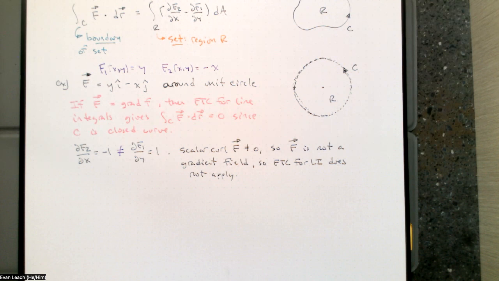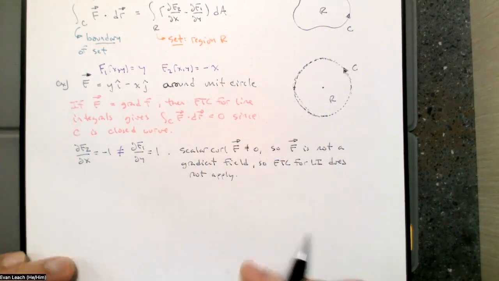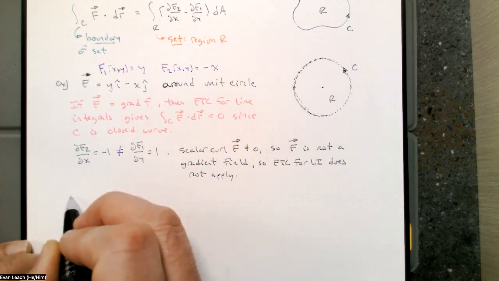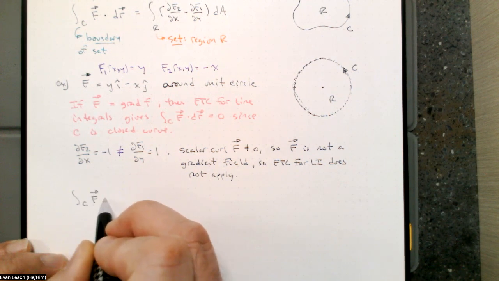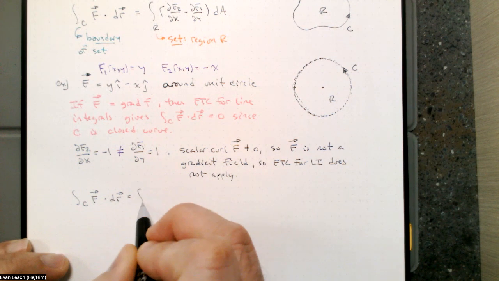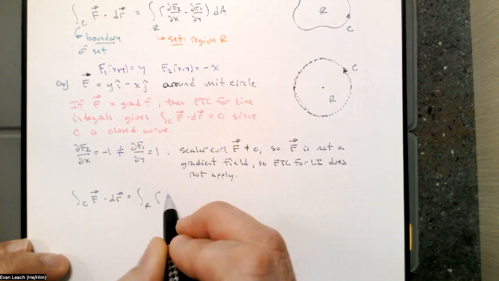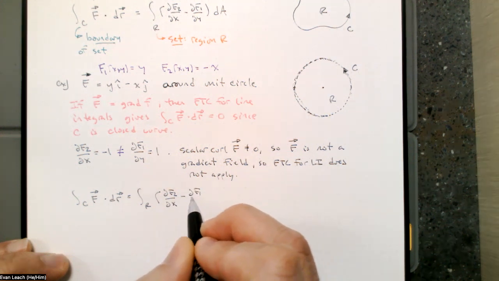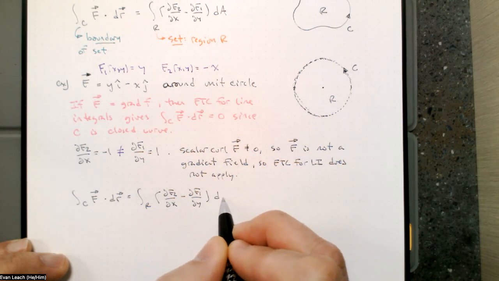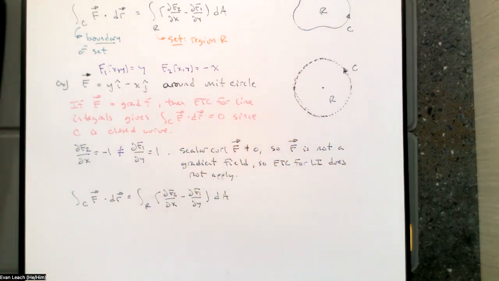What we can do in this scenario is evaluate the line integral using Green's theorem. So we can't use the fundamental theorem of calculus for line integrals, but we can use Green's theorem because this fits the requirements for Green's theorem.